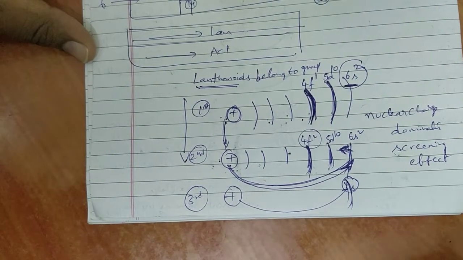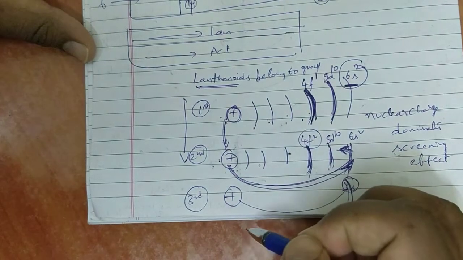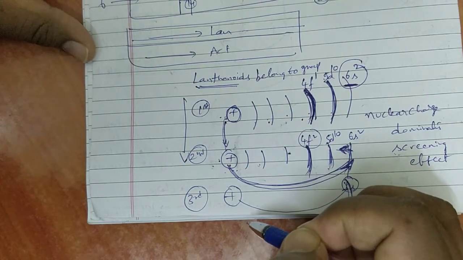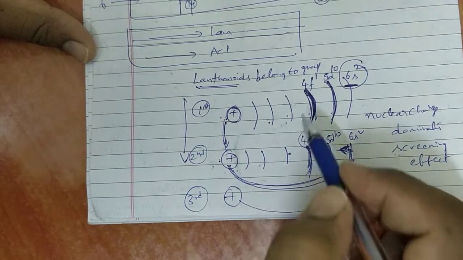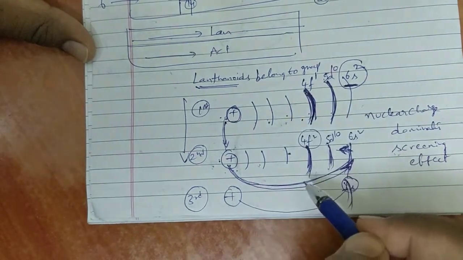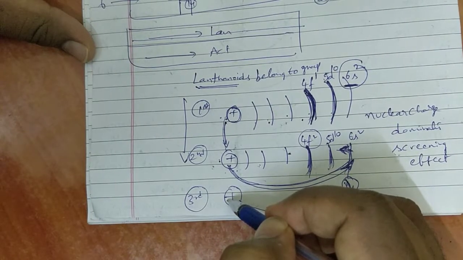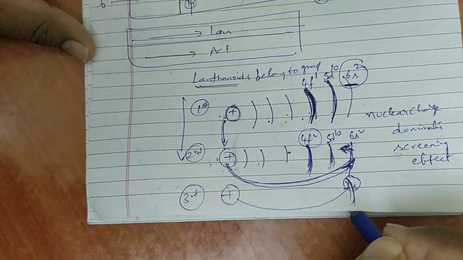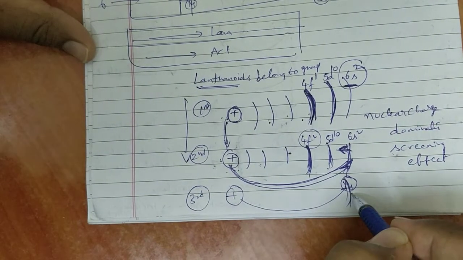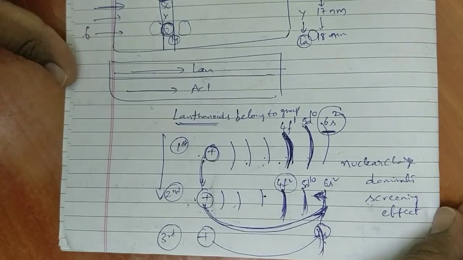Lanthanides belong to group. But in lanthanides from top to bottom, atomic size is not increased. Atomic size is getting decreased. Because of poor shielding effect caused by 4f electrons, nuclear charge is increasing, dominating the screening effect. Then this nucleus will hold the outermost electrons very effectively. Because of that, the atomic size is getting decreased.